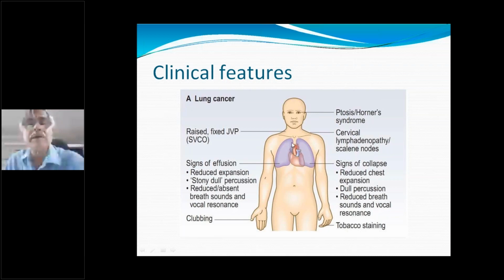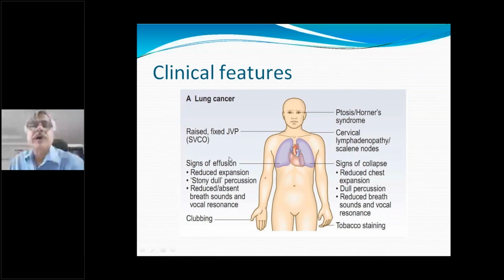It may present with cavities like the centrally located ones. And suppose they are present in the periphery, like adenocarcinoma, the patient may present with pleural effusion, which is malignant pleural effusion. Signs of collapse may be there, whether centrally or peripherally located.